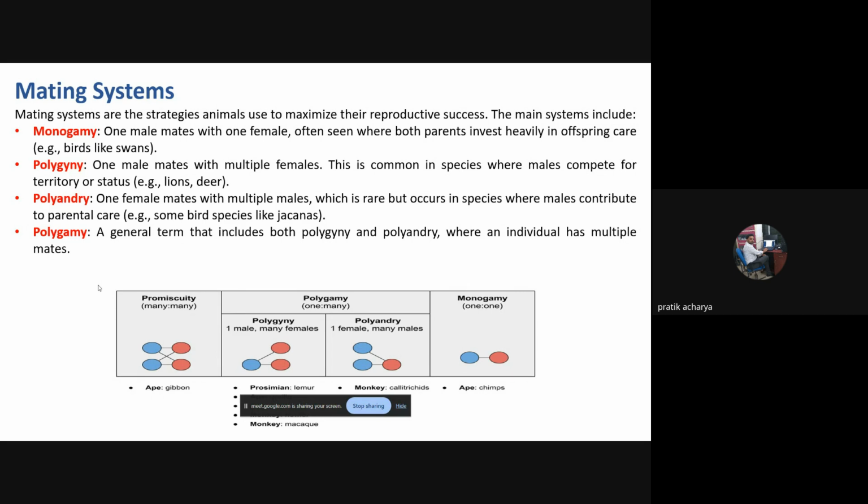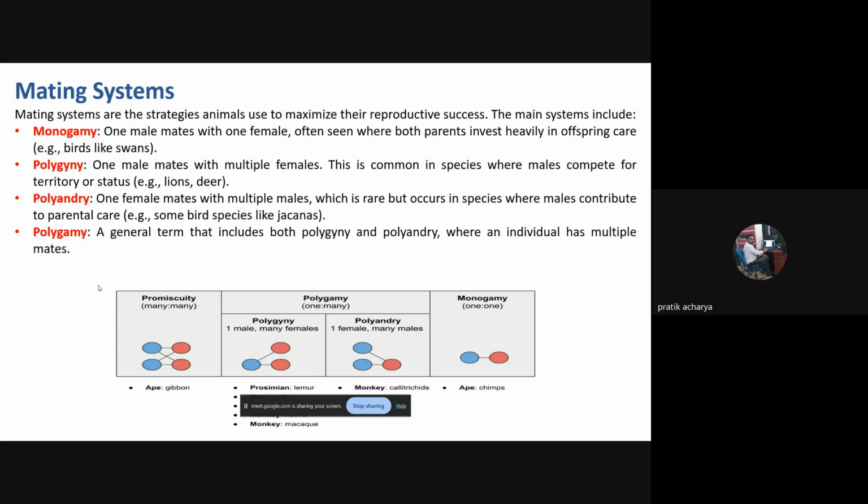Particularly these three important patterns, monogamy, polygyny, and polyandry, are very important. Other mating patterns or mating systems are there. You can cite them in your copy, but for discussion I am citing here only three important patterns. Monogamy means one male mates with one female. That is the monogamy concept.